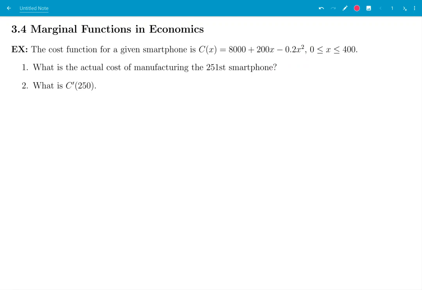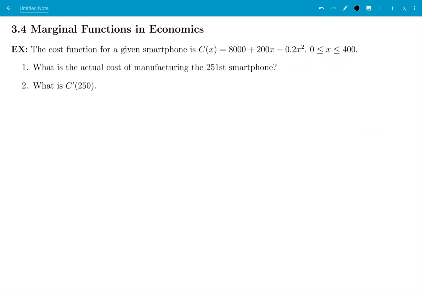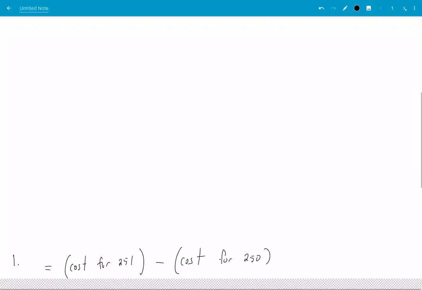Okay, so we're going to calculate a couple things here and interpret them and use derivatives in the process. So what does it cost to make the 251st smartphone? Well, scroll down to my calculation. There it is.